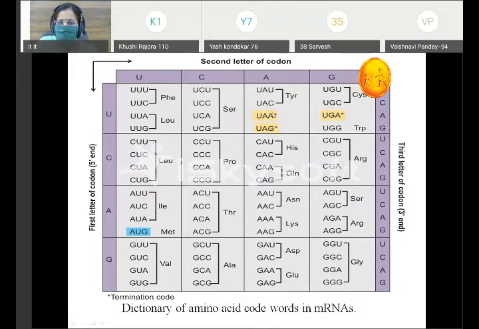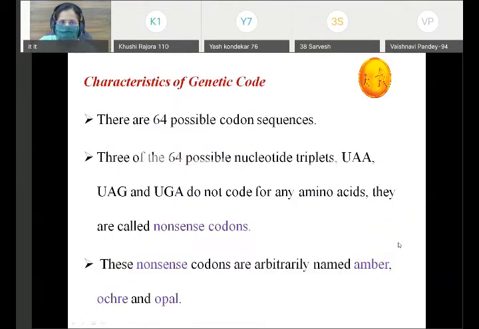These are the codons which are called stop codons or nonsense codons. Whenever the protein synthetic machinery comes across these codons, as they signify a stop codon, the synthesis of protein is stopped. Okay, so these 3 are the stop codons. So this is the dictionary of amino acids in mRNA.